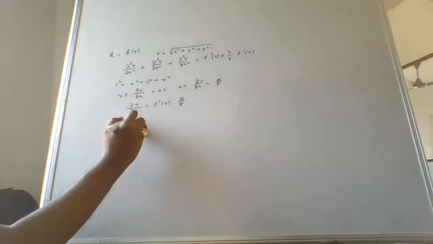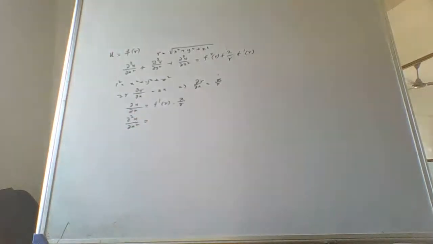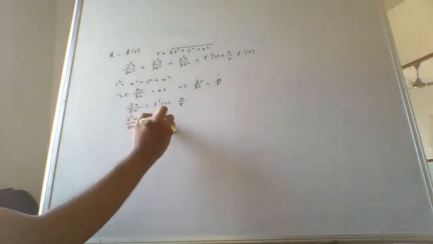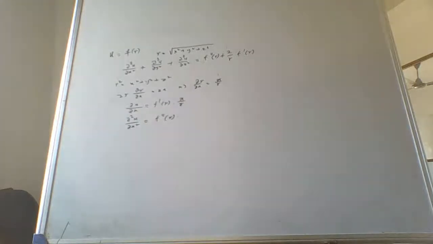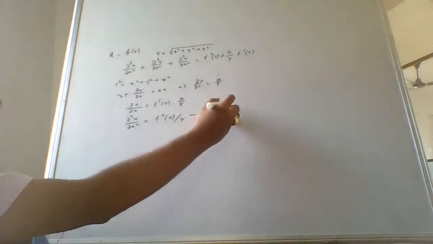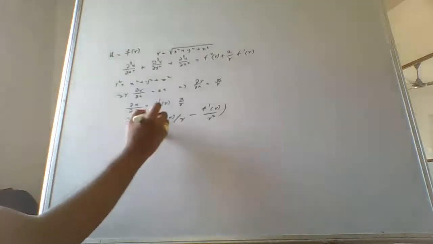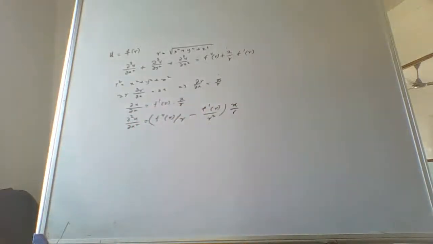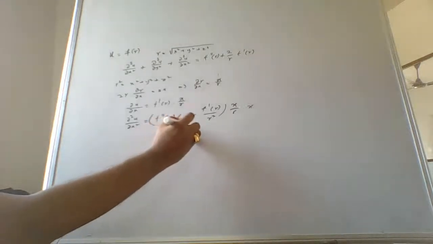Let us again partially differentiate with respect to x. So I get this as f double dash of r, and finally I'll arrive at the solution as f double dash of r with respect to r, minus f dash of r divided by r square, into x by r into x, plus f dash of r divided by r.